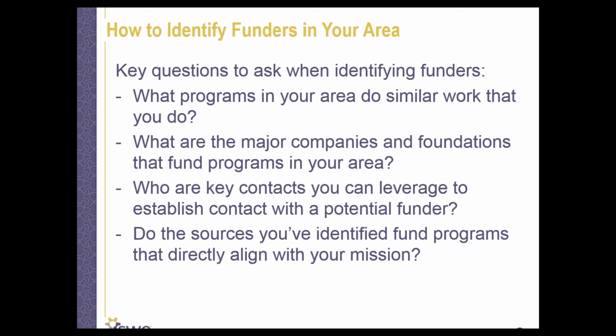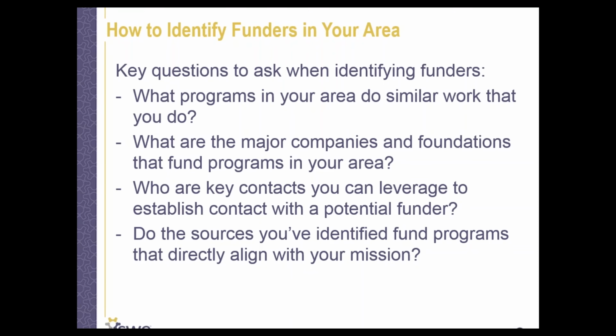Let's touch on item number 3 here. How can you identify key contacts that are associated with a private foundation or philanthropic arm of a corporation? Another way to do this is looking at the 990 tax statement, especially if the foundation or corporate philanthropic entity doesn't have a website that lists individuals that are involved with the grant-making arm of the entity.